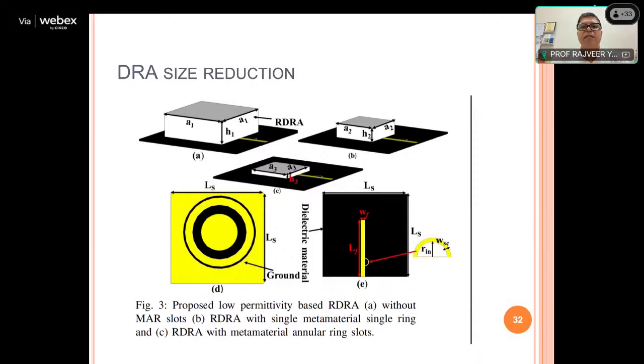So I am showing two achievements from this diagram: number one, I am able to get an all-in-one solution in one antenna. Second, I am able to get miniaturized and low-profile dimensions of ceramic or dielectric resonant antennas in the same design.